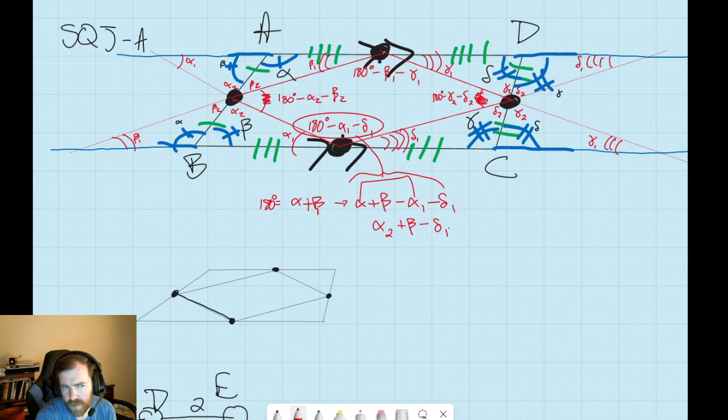Okay, so then also we've got all these triangles scattered all over the place. We know that this length here is going to be the same as this length here.